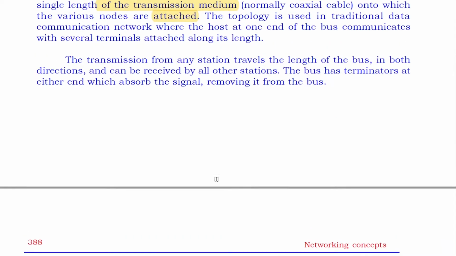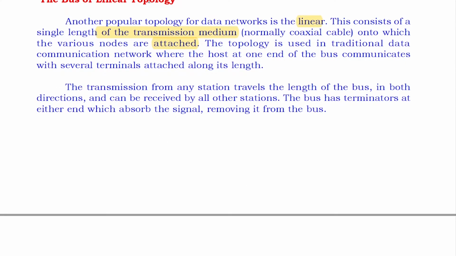Normally in a linear bus topology, the transmission from any computer travels the length of the bus, from the beginning to the end, in both directions. It can go in any direction and can be received by all other stations, so each machine will receive and then transmit.